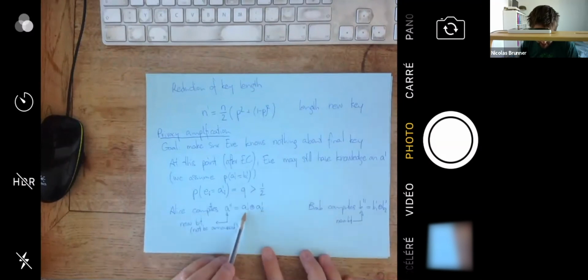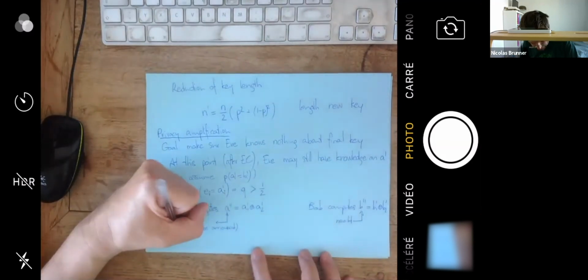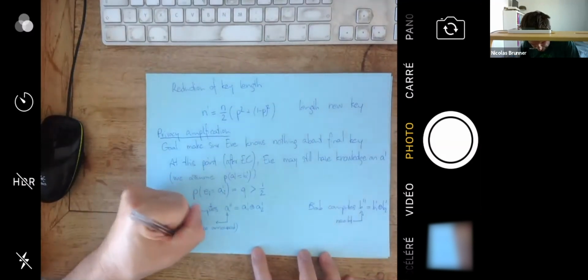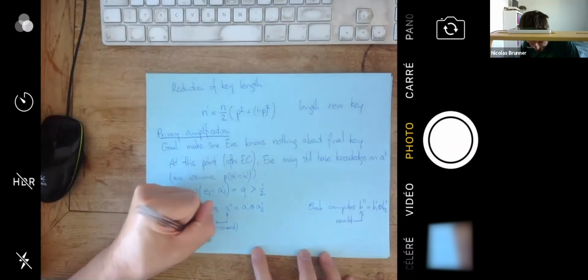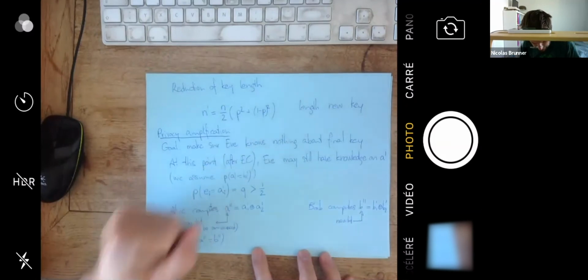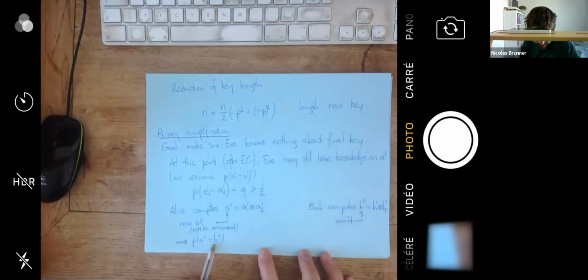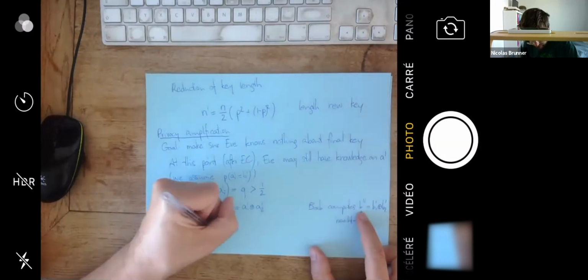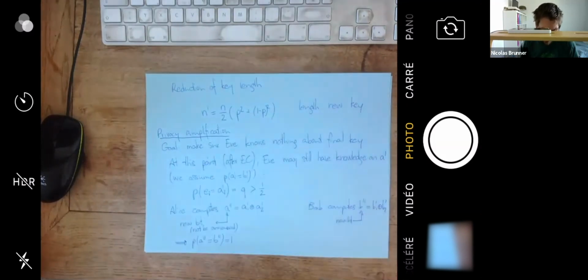Now, because the strings A prime and B prime were already perfectly correlated, of course, we have that the probability that A double prime is equal to B double prime is 1. So for Alice and Bob, doing this doesn't decorrelate their keys, right? The new keys are also perfectly correlated.